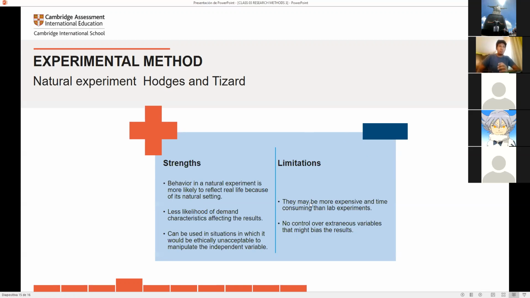Okay, one of the strongest limitations of a natural experiment is this one, which is that in some cases they are very expensive and more time consuming than lab experiments. A natural experiment may take years to complete, okay, especially when they are longitudinal.